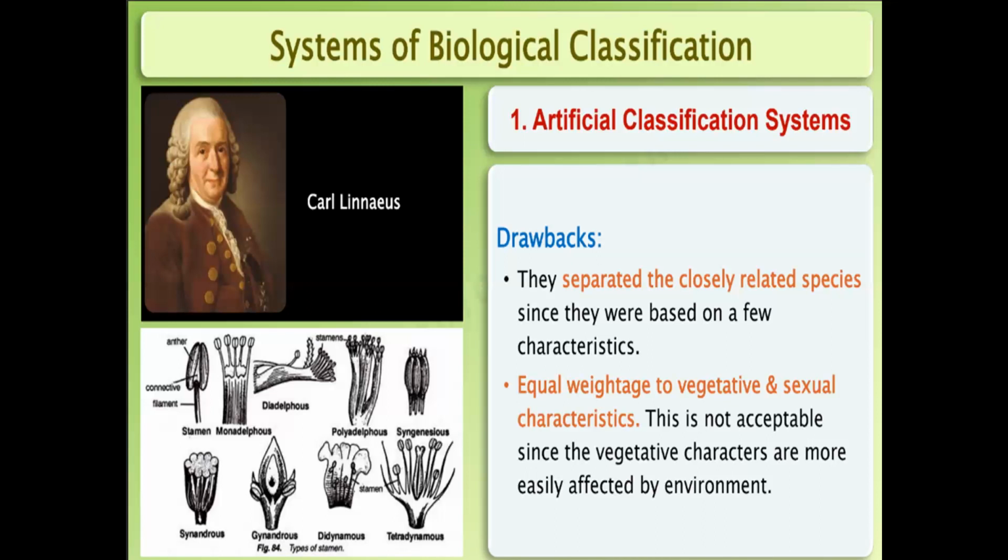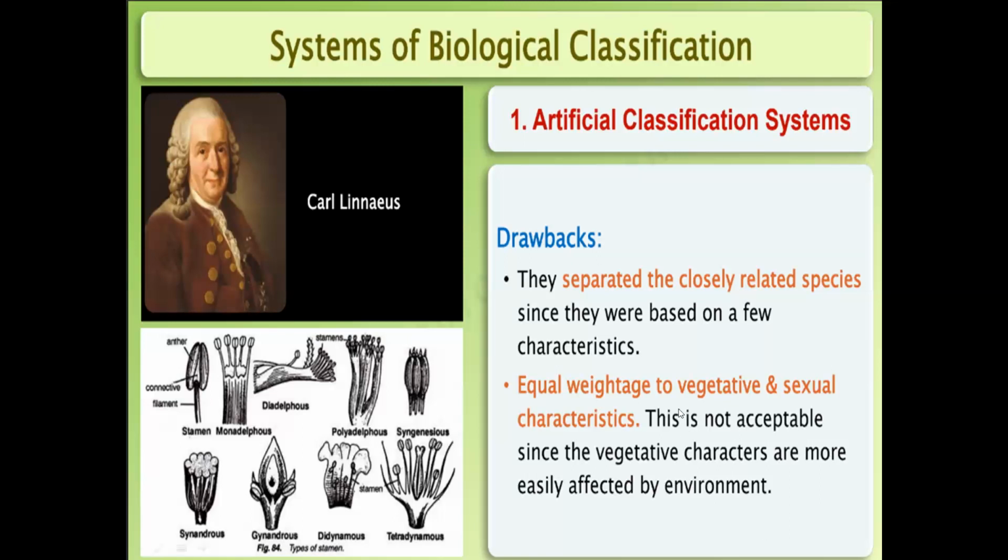But if you consider only a few characteristics, for example leaf shape, leaf size, flower color or number of seeds, you cannot classify organisms into many different categories. The more characters you take, the more classifications you can make.